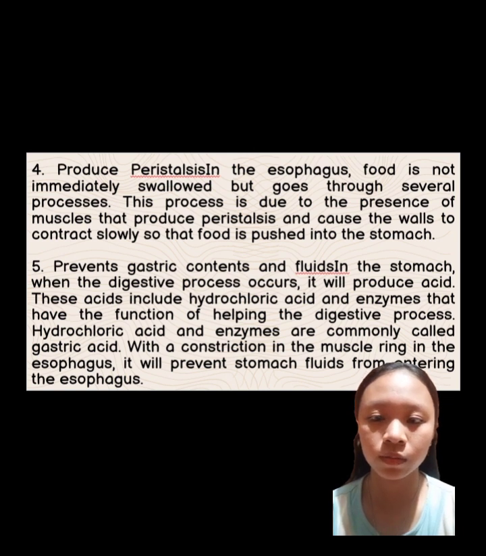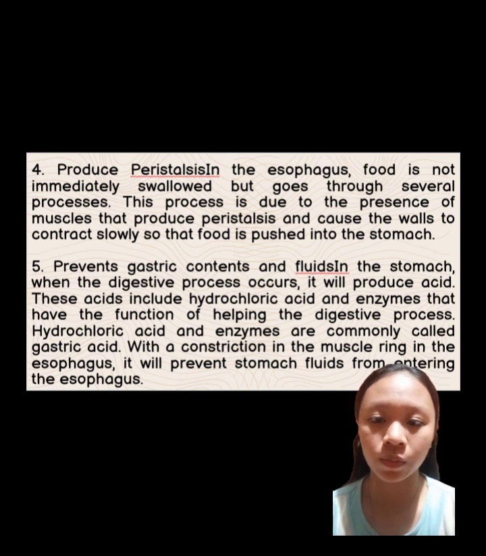5. Prevent gastric contents and fluids. In the stomach, when the digestive process occurs, it will produce acids. These acids include hydrochloric acid and enzymes that have the function of helping the digestive process.